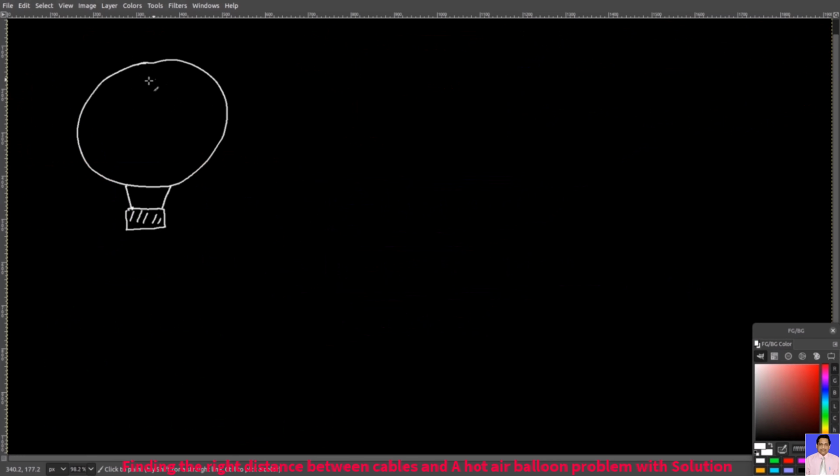I have a hot air balloon here, and here you have the ground, and let's say that the basket of this balloon is at the altitude of 10 meters. Let's say that the mass of the balloon is 818 kilograms, and the volume of the balloon is 2,500 cubic meters. Also, let's assume that this ground here is at sea level.